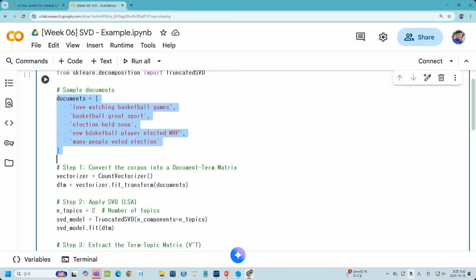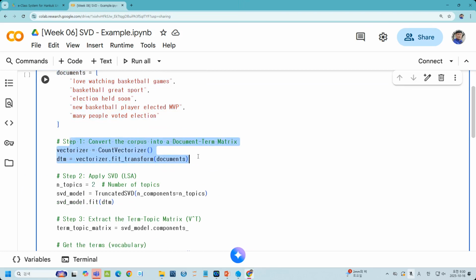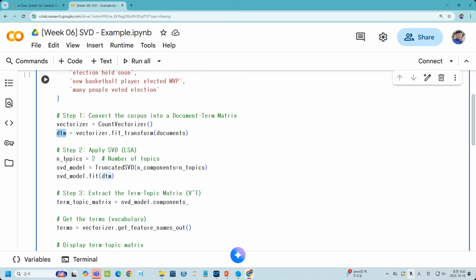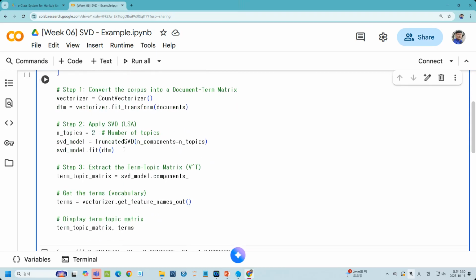At first, let's do the frequency calculation. So we count the vectors and put them into the document-term matrix. And then let's apply the simple SVD. In this case, I'm using the LSA algorithm. When we apply the truncated SVD, we need to determine how many topics we want to get.